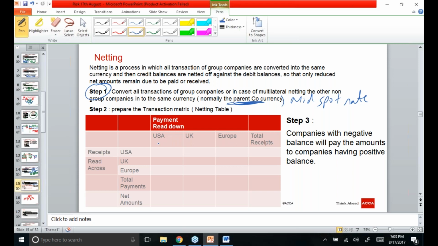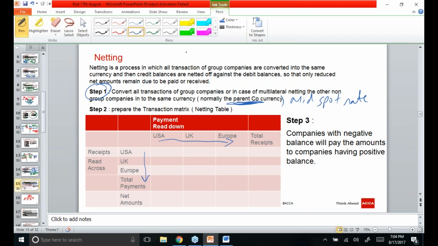If you have written these companies in a sequence in rows, you have to maintain that same sequence in columns. Payment will be read down, receipt will be read across.